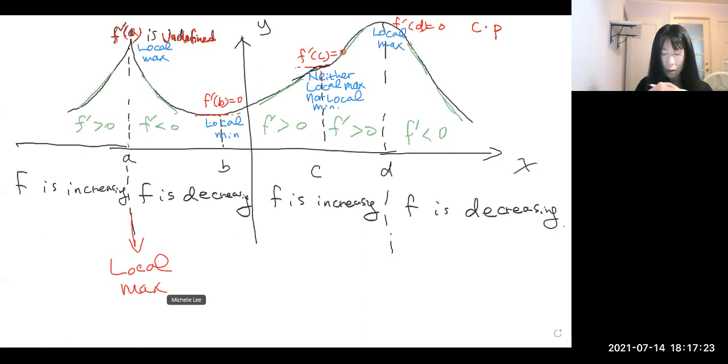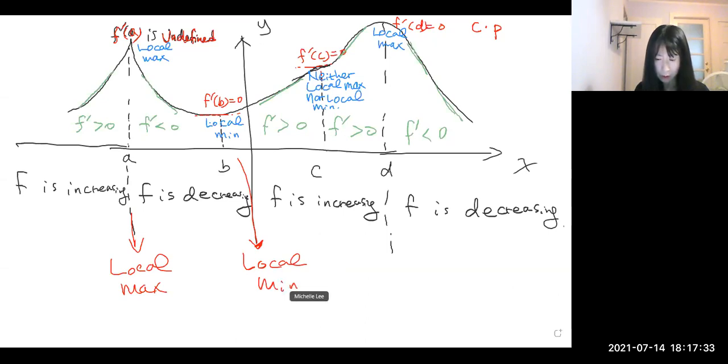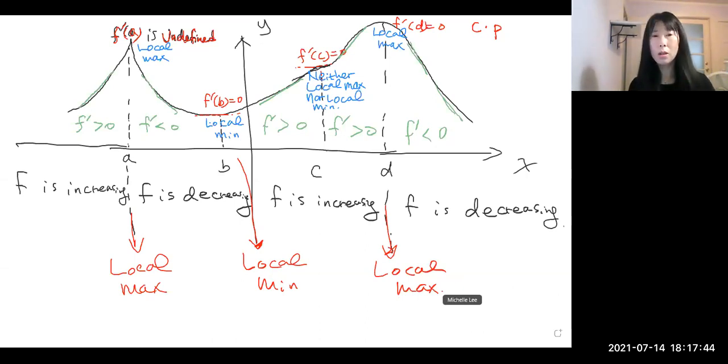Okay, and then decreasing, increasing, there is a local minimum. Then increasing, decreasing, then there is a local max. Can you see? Can you just take a look there? Okay, so understand?